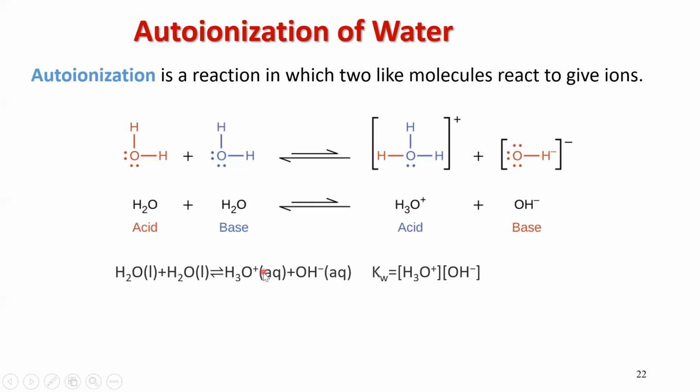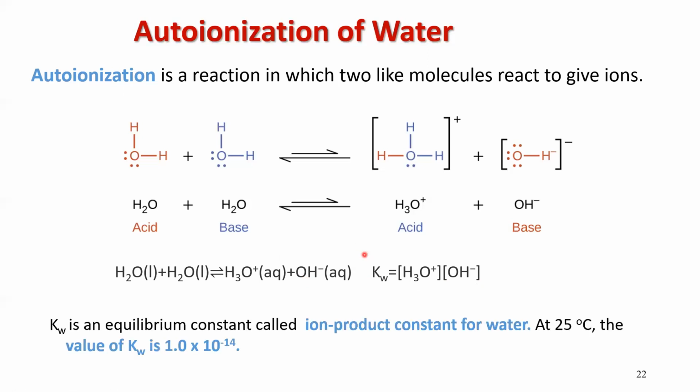It's the concentration of the products over the concentration of the reactants raised to the power of the coefficient in the balanced equation. But remember that liquids and solids are not included in the K expression. So water would not be included in our K expression. So Kw equals the concentration of hydronium times the concentration of hydroxide. So this is our Kw expression.